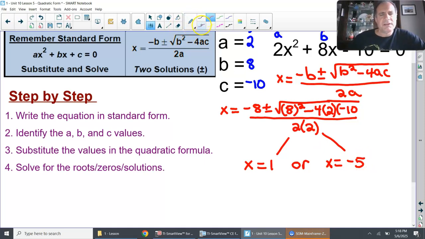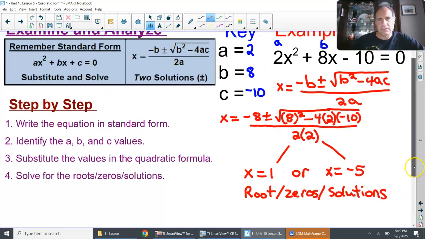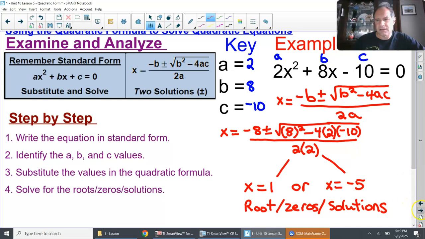These are the roots, the solutions, the zeros. And that is it. So easy. Great, because it always works. Definitely do this. I just have to put this parenthesis. All right. And that is everything.